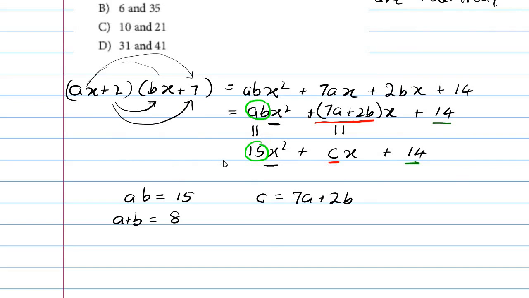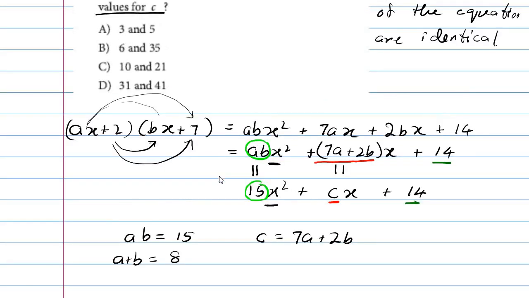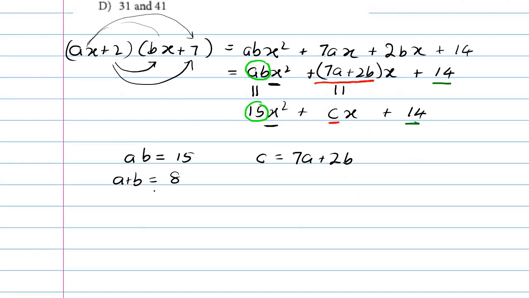Alright, so this is SAT math. So we can actually browse through the solutions to see which one matches, right? Wait a minute, sorry, they're asking for the c value. So you have ab equals 15, a plus b equals 8.